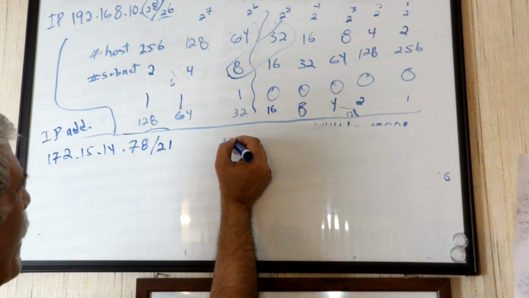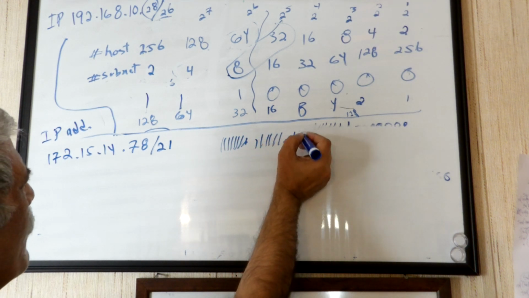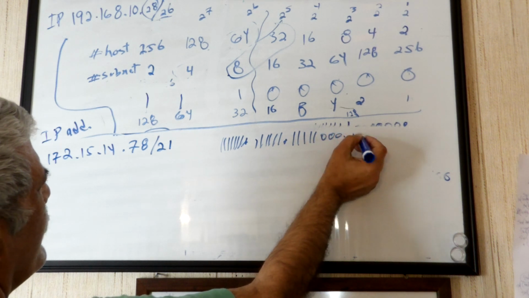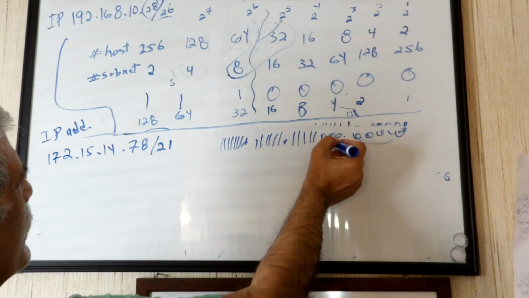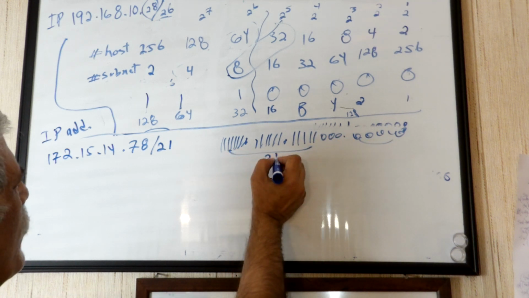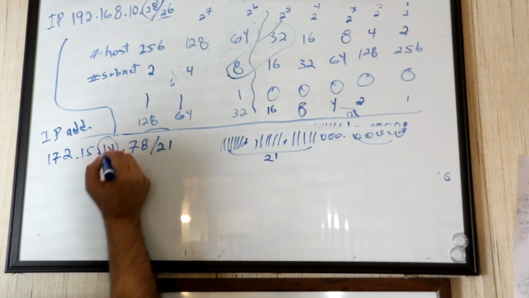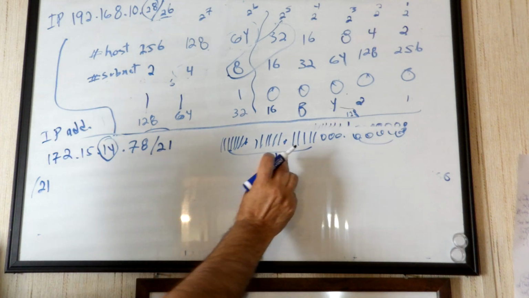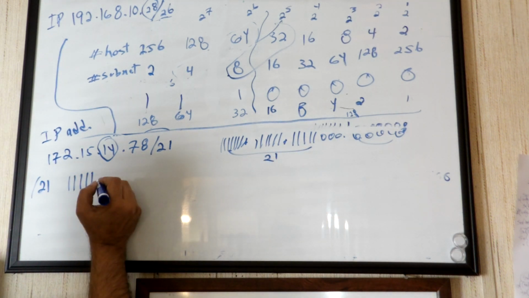It means we have 16 bits, and then 5 more, and the total is going to be 21. That's 21, and it falls in the third octet. So we write only this part here: we have 5 ones and 3 zeros.